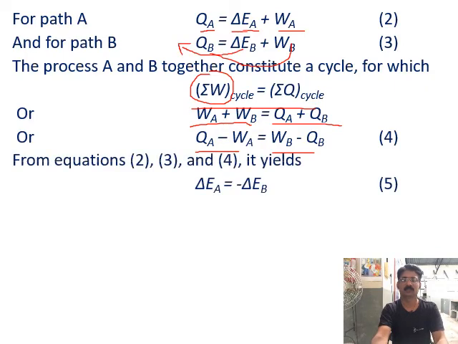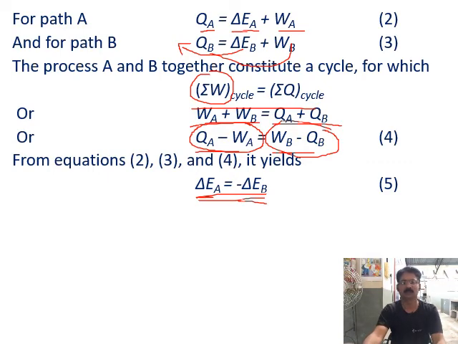So you will get delta EA is equal to minus delta EB. That means this term QA minus WA is delta EA, whereas WB minus QB is minus delta EB. So this is the first step in proving this energy as a property.